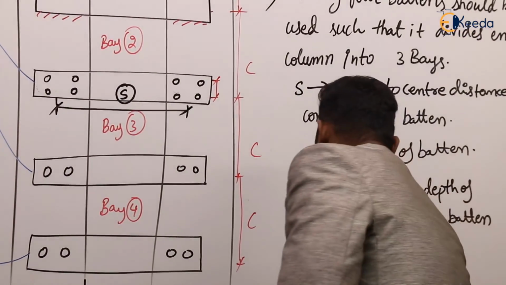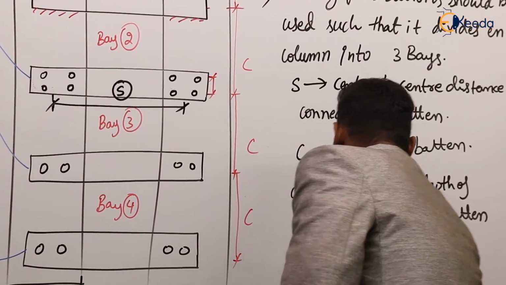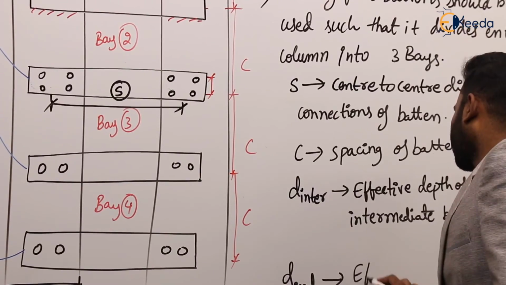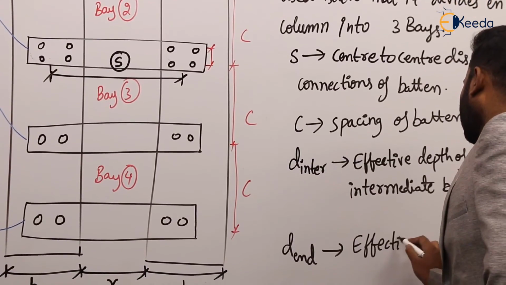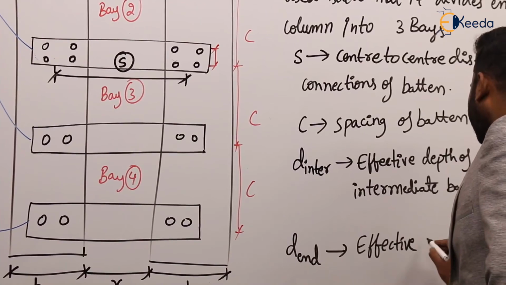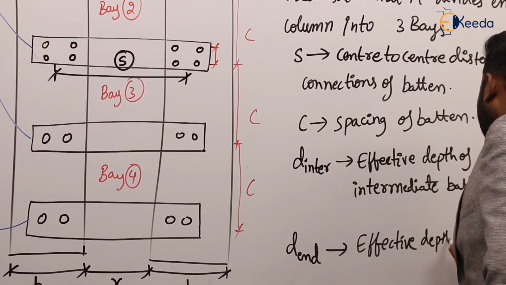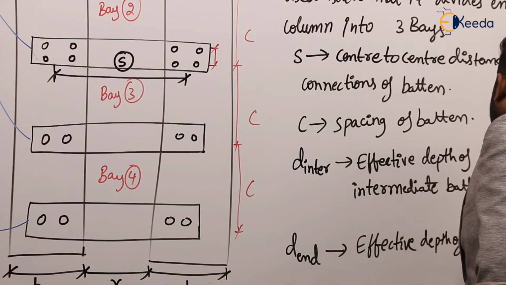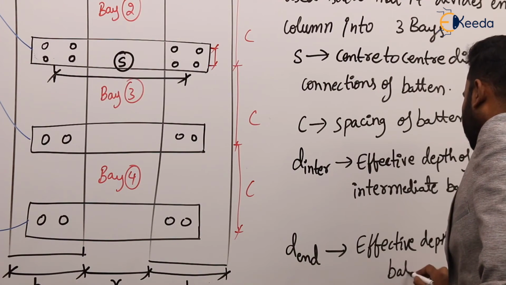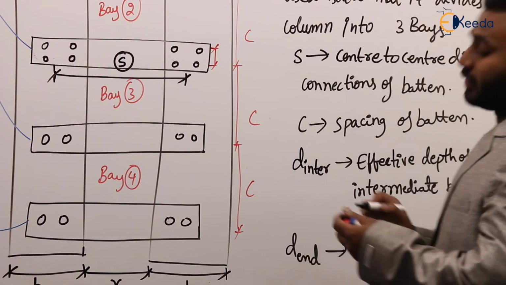So next, D end, the effective depth of end batten.